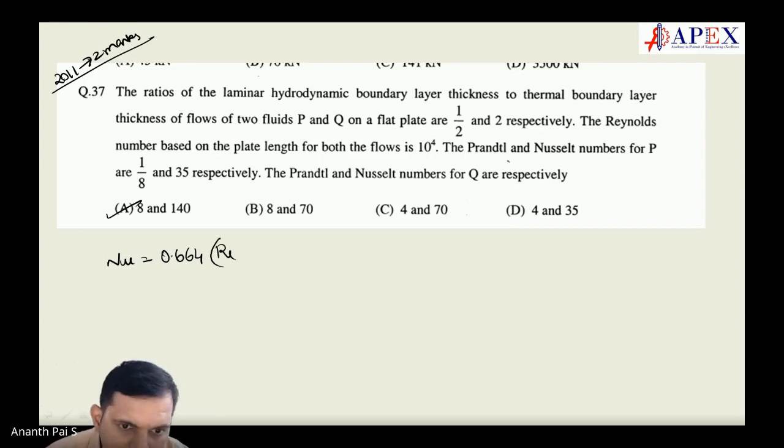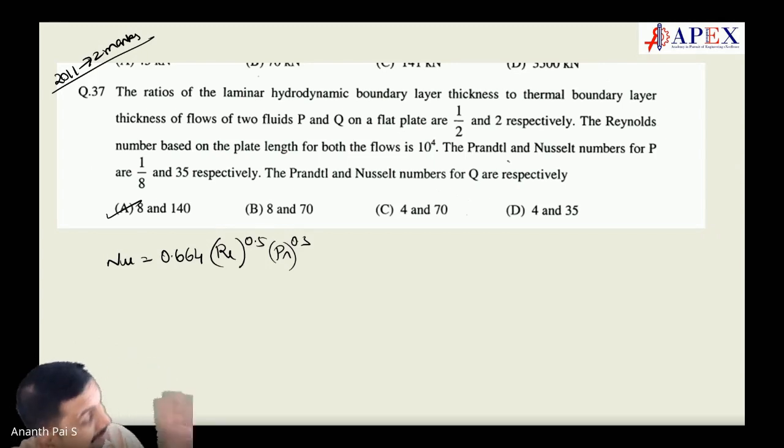Re raised to 0.5, Pr raised to 0.3. What is the mistake you've done? No, that is not. Never do that in GATE. It's not a CET where you can get it.